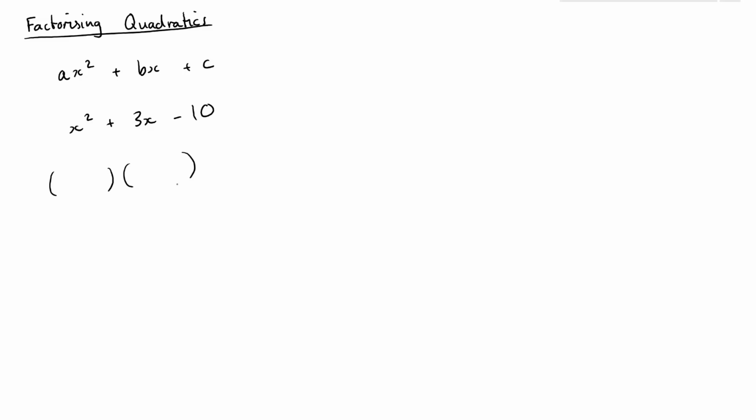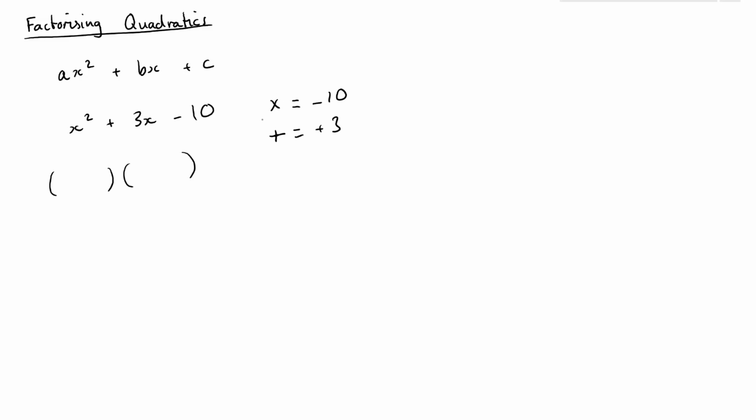Our general way of doing this is to look for numbers that multiply to give this last number, minus 10. It's very important that you keep the sign as a minus 10, but they add to give us the middle number, which is plus 3.